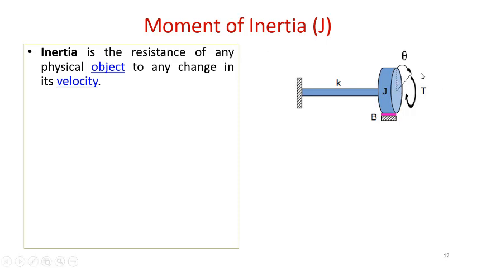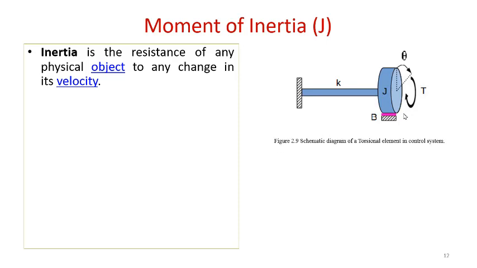So the applied torque will be in this direction, that is in clockwise direction when we are viewing it from this end. So the change in velocity will be happening in the same direction. The resistance offered due to this applied torque will be in the opposite direction.